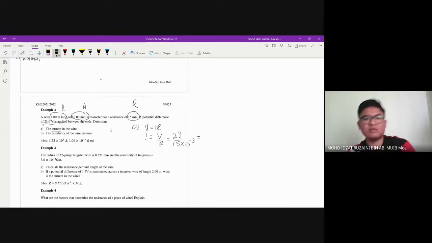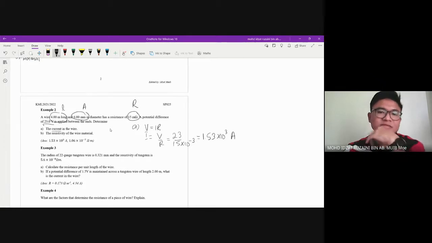Okay, so 23 bahagi dengan 15 milli, kamu akan dapat 1.53 darab 10 kuasa 3 ampere. That's our current.